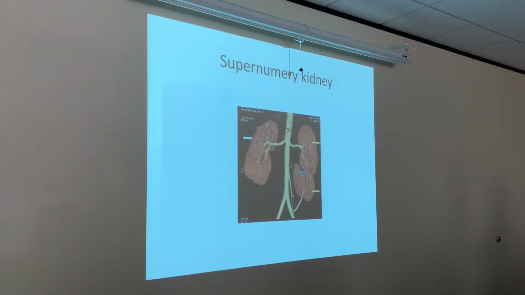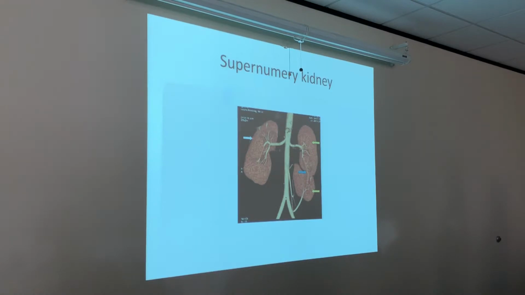Mm-hmm. So here is a supernumerary. I have a kidney coming off of the, what vessel is this? Common iliac. So what are these vessels out here? Arcuates. Because they're the ones in the cortex. What is this vessel right here? Or right here?